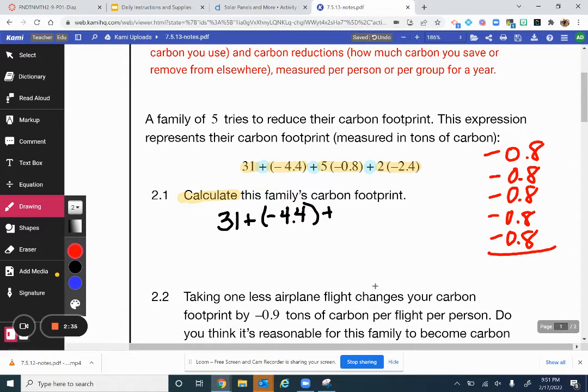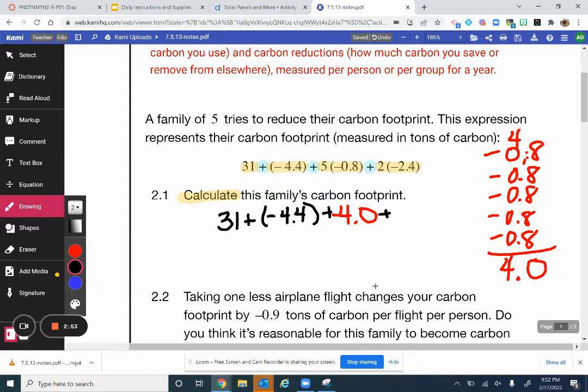So this gives me 40. Carry my 4. And I see I've lined up the decimals, 4.0. So that's what goes there, 4.0. And it's negative because all of them, 5 groups of those negatives.